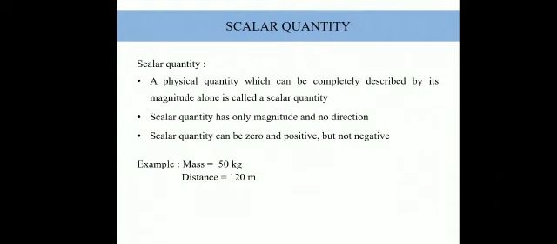Let's say we are standing at one spot and we move to the right-hand side. If we have moved 2 steps to the right, the distance traveled by the person is plus 2 steps.